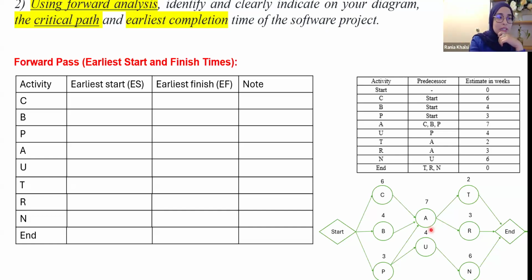Okay, let's do it. Now, for each of these activities, which are taken already from here, we are going to calculate and mention the earliest start and the earliest finish, okay? So here I'm just adding a column to this table to note a few tricks to help you understand better.